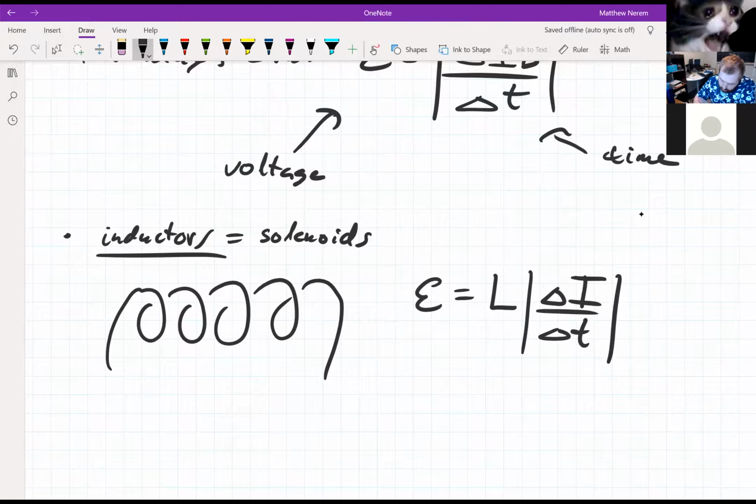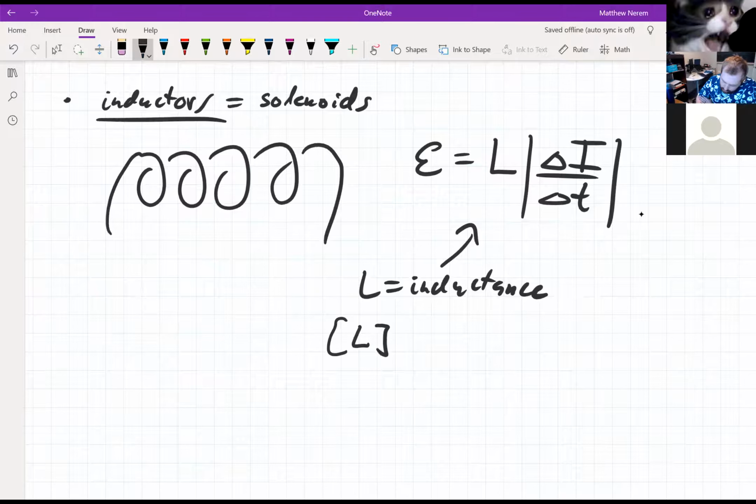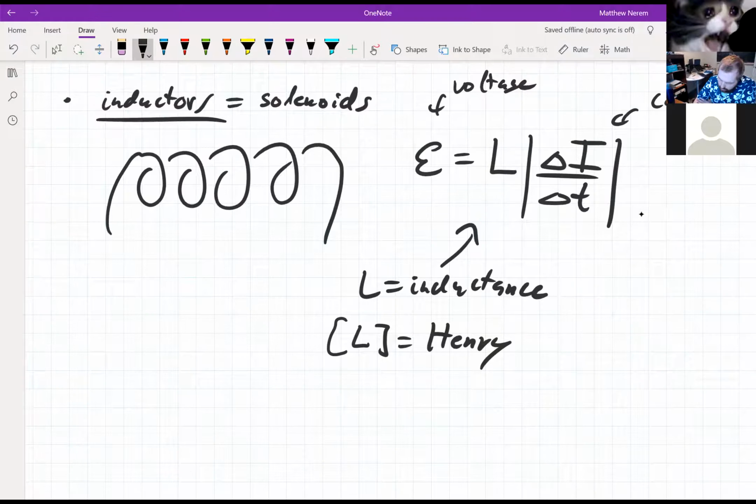So L, this is the inductance. Units of L is a Henry. This is voltage, current, and time.